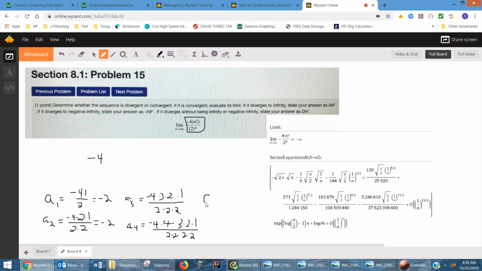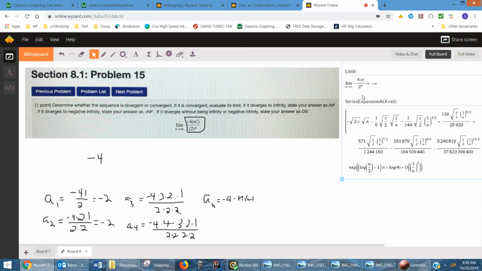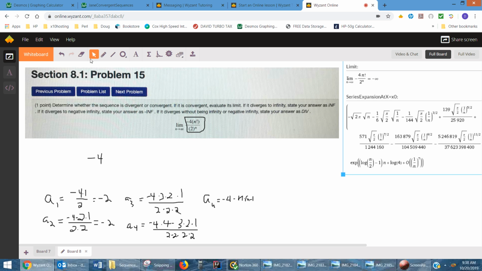So in fact, a sub n is equal to negative 4 times n factorial, n times n minus 1 times n minus 2, dot dot dot until I get to 1.